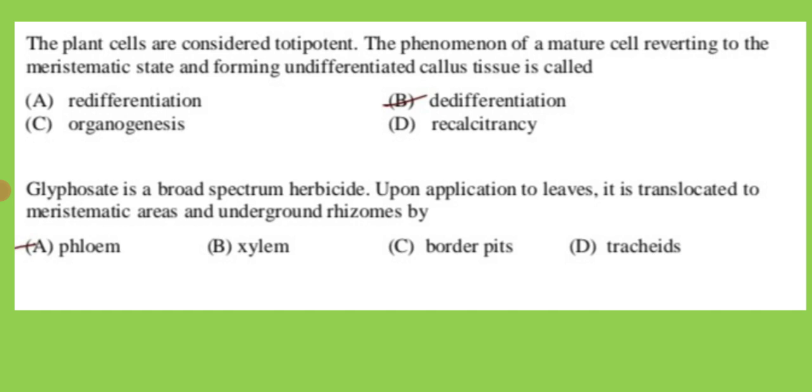And the term totipotency is the ability of a single cell to divide and produce all the differentiated cells in an organism. The option C, that is organogenesis.